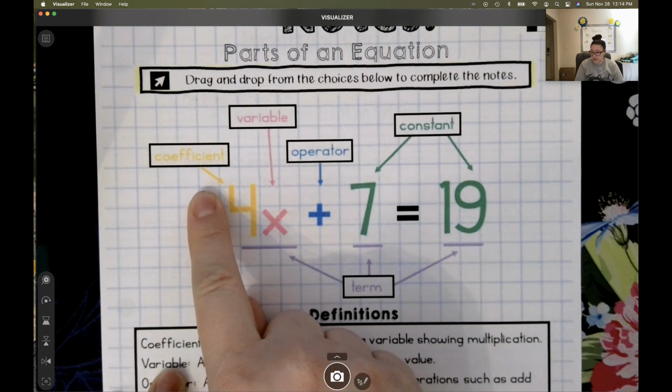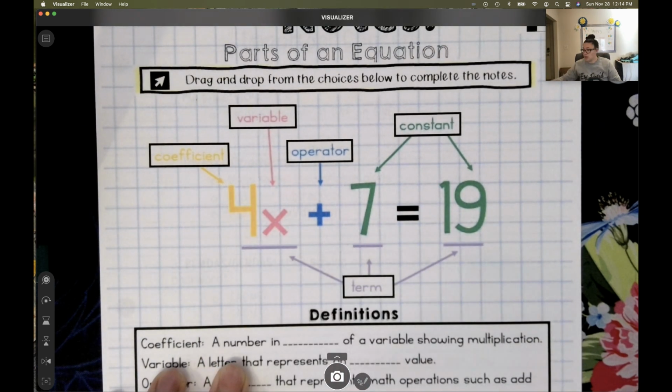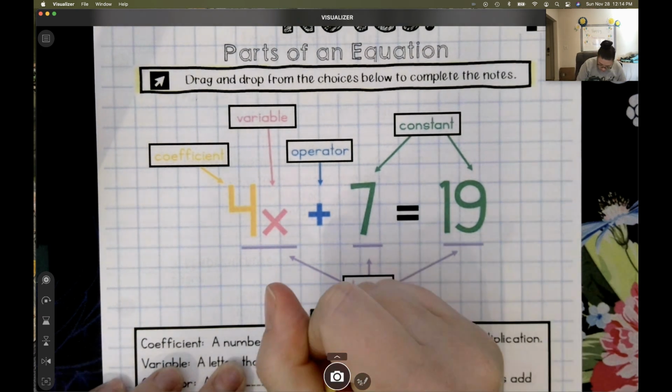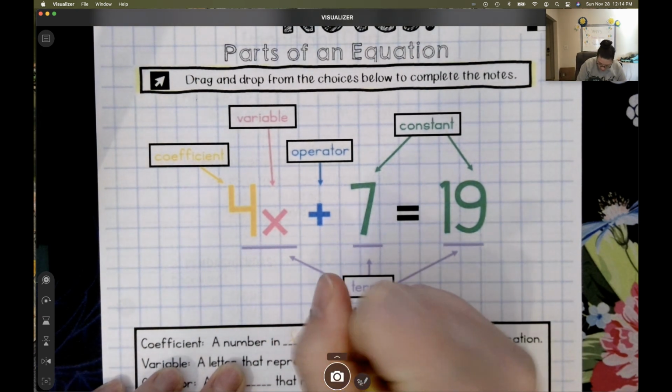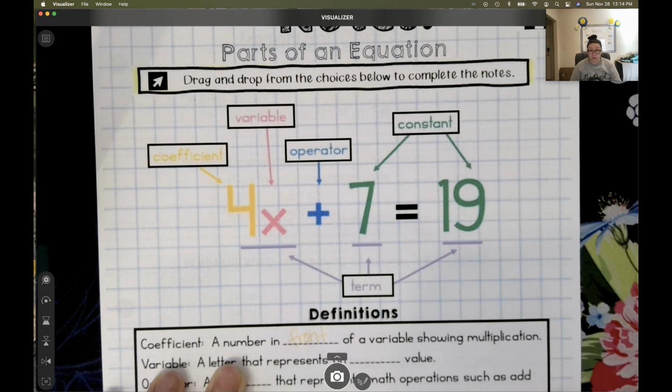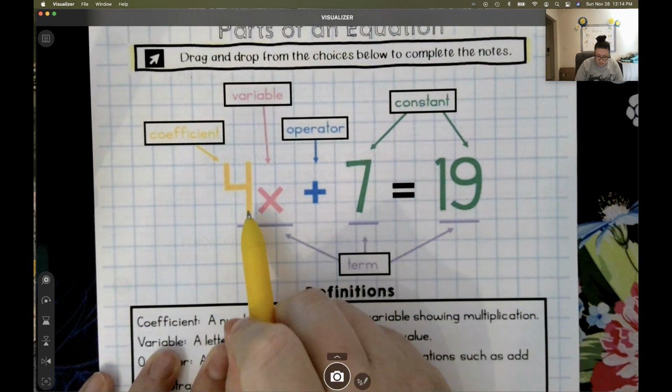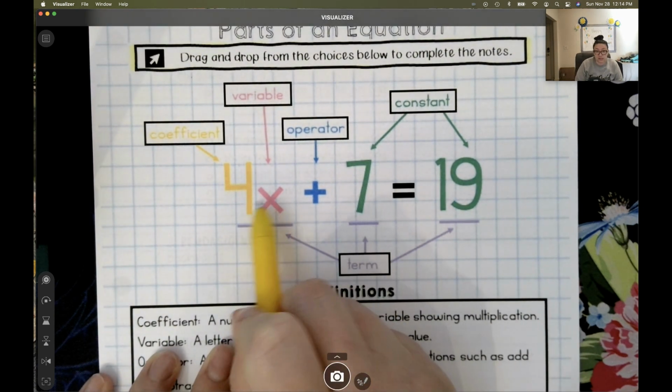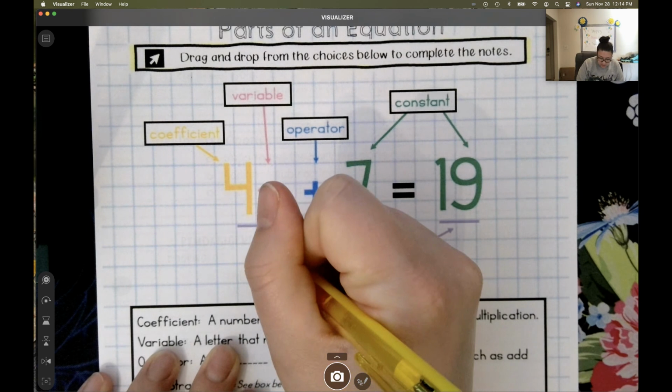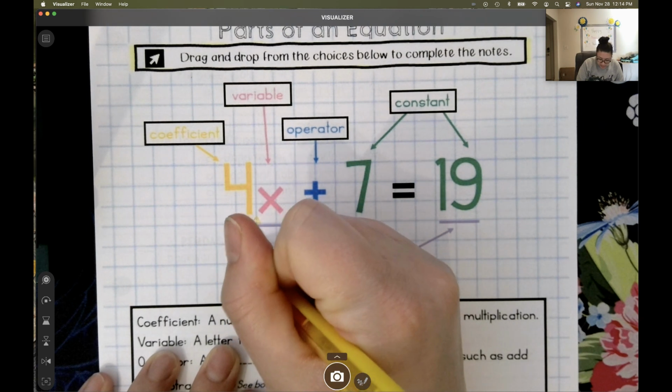Starting off, our coefficient. Remember, our coefficient is a number in front of the variable showing multiplication. Because when we have a number and a variable side by side, there is really multiplication happening there.